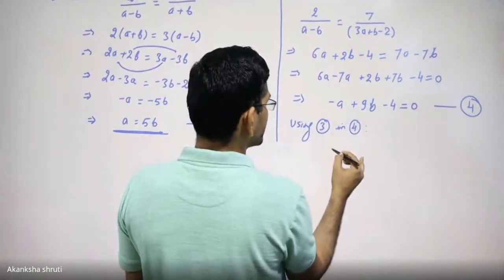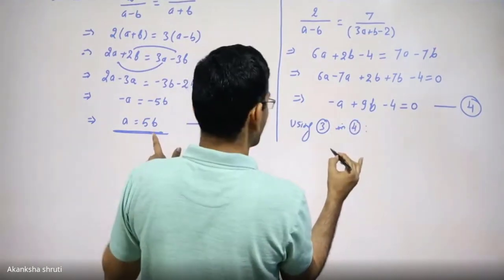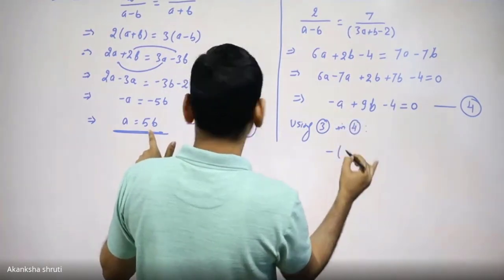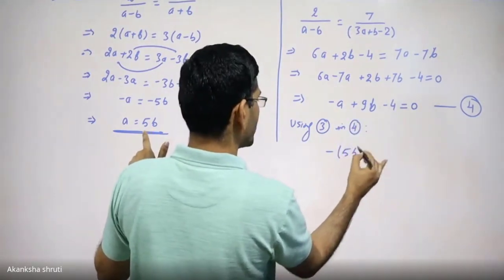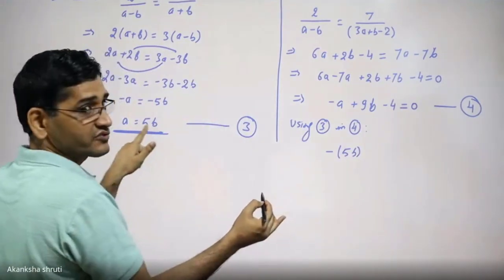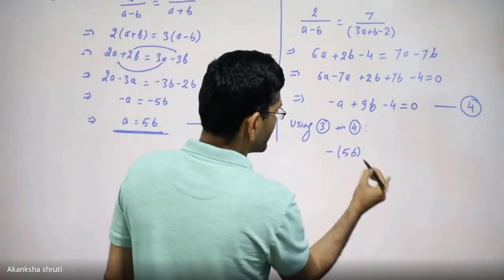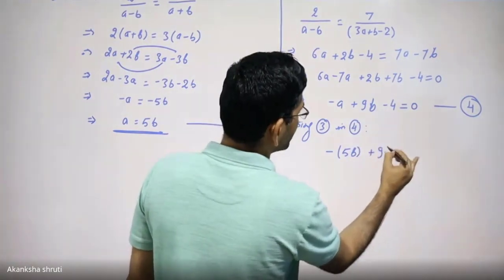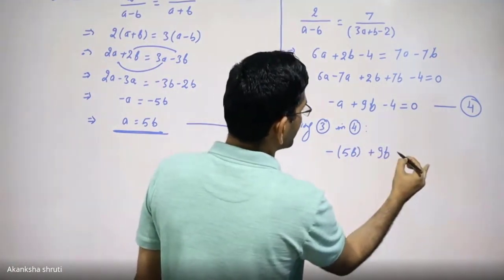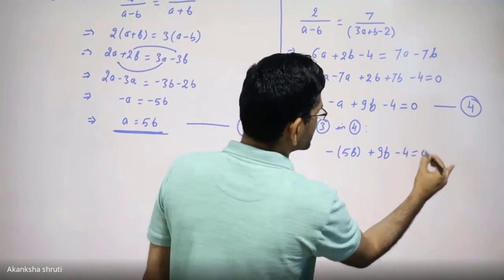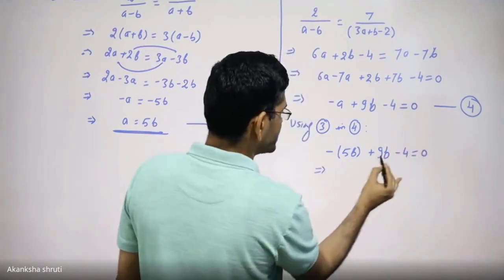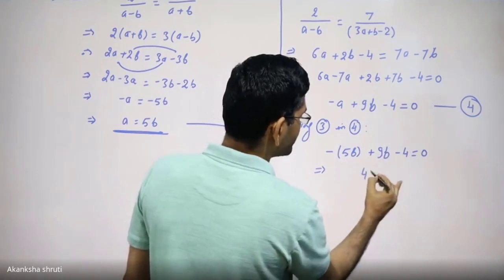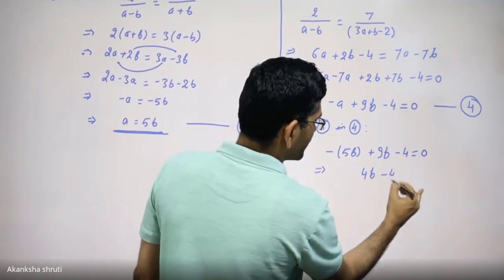So minus a is there, in place of a we have substituted 5b, then plus 9b, minus 4 is equal to 0. This implies minus 5b plus 9b, it is 4b minus 4 is equal to 0.